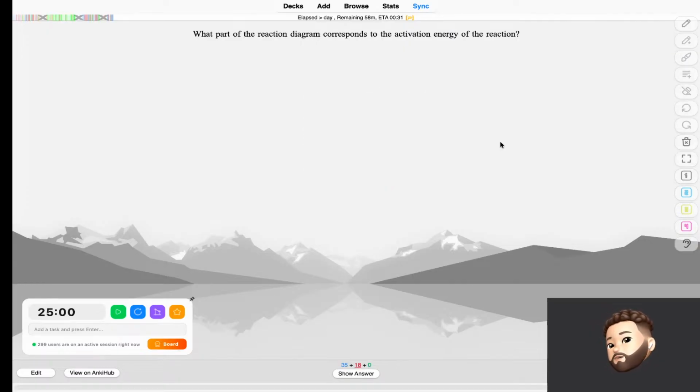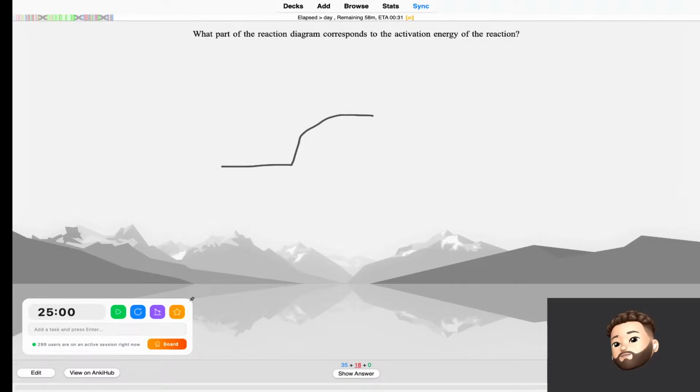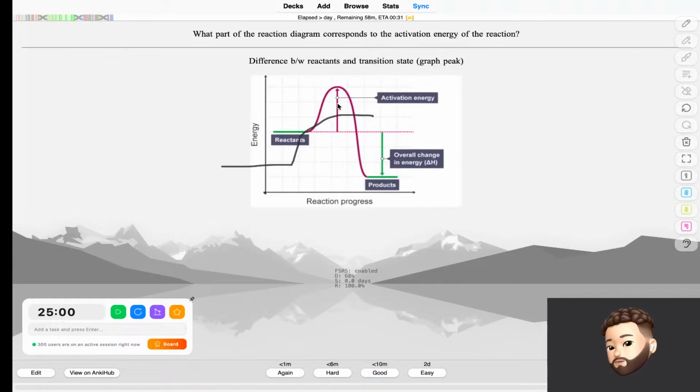What part corresponds to activation energy? The difference between the energy of the reactants versus the activation energy. So this, or bruh, the transition state.